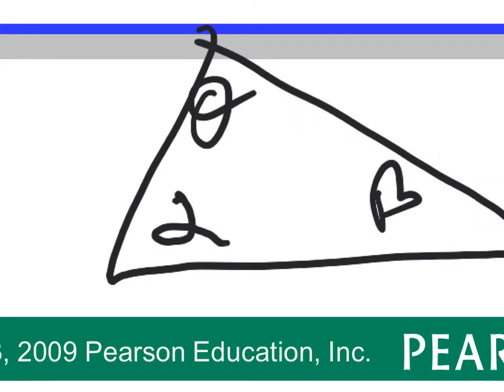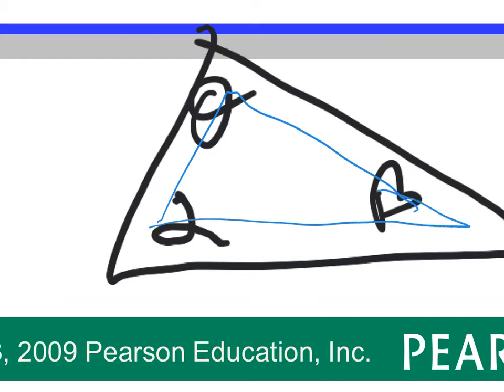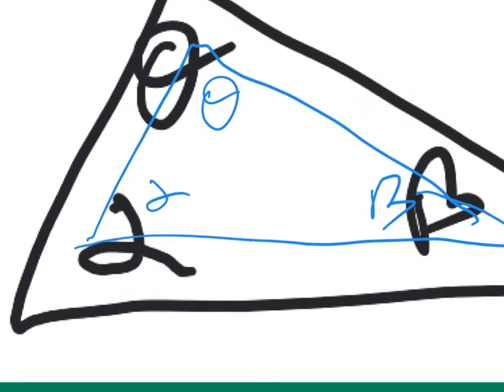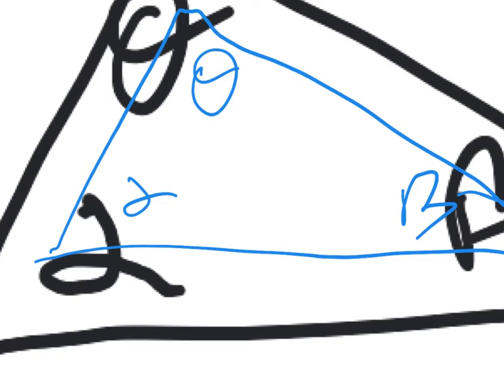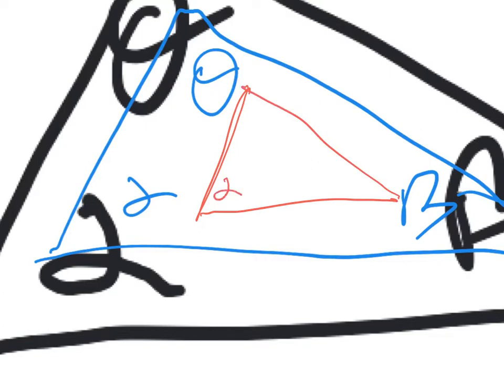I could have the same three angles with a smaller triangle. This could still be the same beta, same theta, same alpha. But the sides, you could never figure out what the sides are because I could have the exact same angles, alpha, theta, and beta.